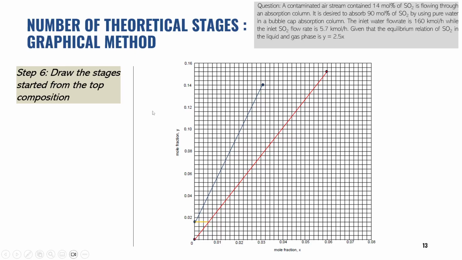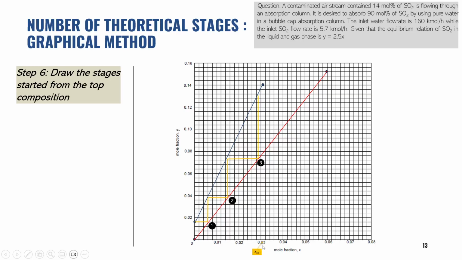The final step is to draw the stages, starting from the top composition, which is at the bottom of the graph. Which gives us the first step, the second, the third. Okay, so we still have some small part here, which would give us a complete triangle, but will give us a fraction of the stage.